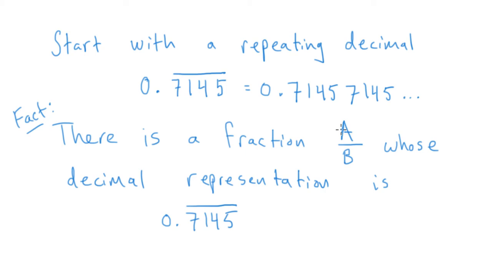So to sort of convince you why this is true, let's actually just find the fraction whose decimal representation is 0.7145 repeated. And I think if I do that, hopefully you believe that I really did just make up these numbers, and you can start to believe that given any repeated decimal, you can find the fraction whose decimal representation is that number.